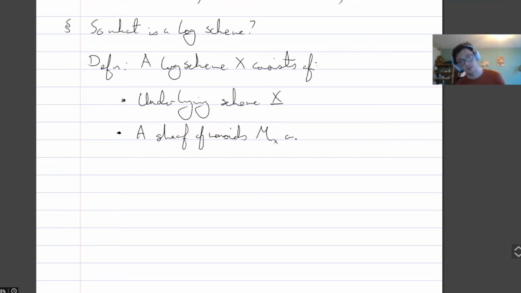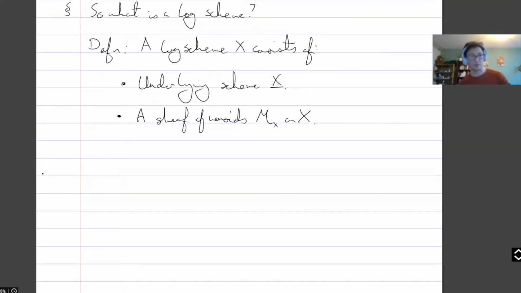Although I'm going to say it out loud, I'm not going to write it down, this is a sheaf of monoids in the étale topology, not the Zariski topology. But the distinction between the two doesn't really matter so much. For most things that you think about, you think of it as being in the Zariski topology.